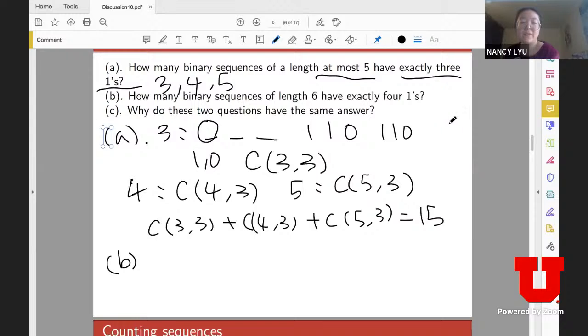So, if I want to pick 3 ones from these 3 spots, the first spot I pick is number 2. So I pick this one as 1. That is my first pick. And then I want to pick a second spot, which I pick this one.